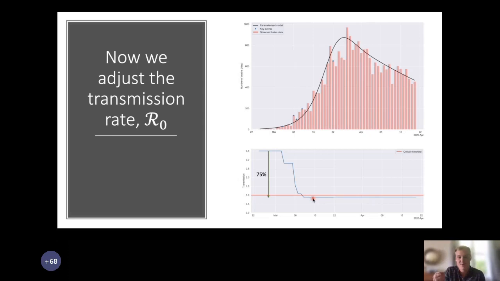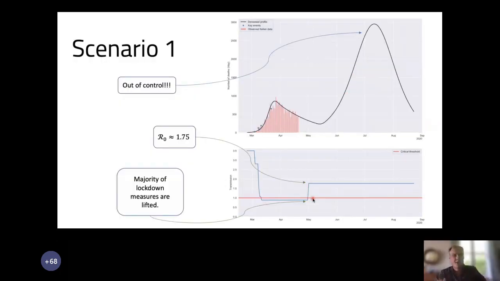So with that, let's look at a couple of different scenarios. Scenario 1, okay. Imagine the government of Italy lifts lots of their lockdown measures, but still keeps a good deal of them in place. So it goes back to an R number of maybe 1.75. Remember, that's the average number of people I'll pass the virus on to if I've got coronavirus. So 1.5 other people doesn't sound like very much, and it's still half what it was according to my model beforehand.